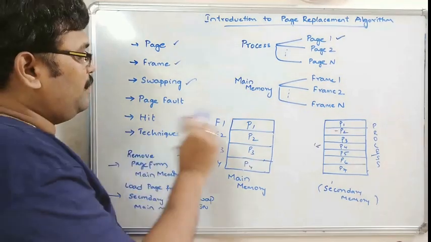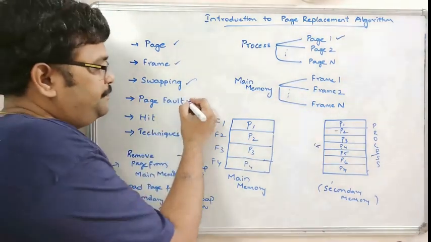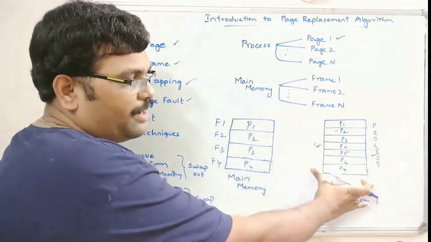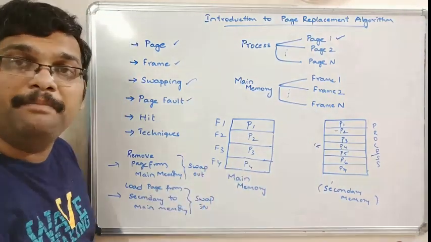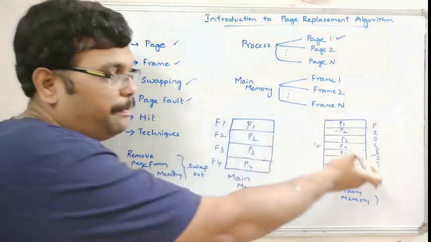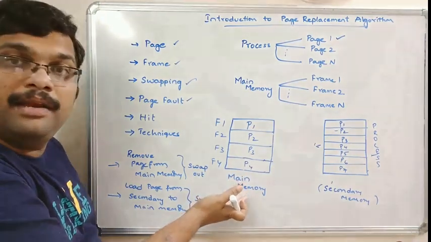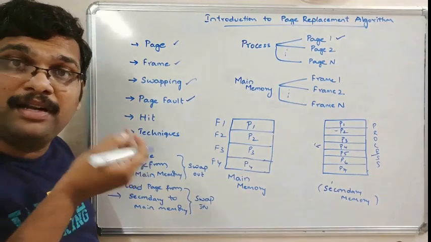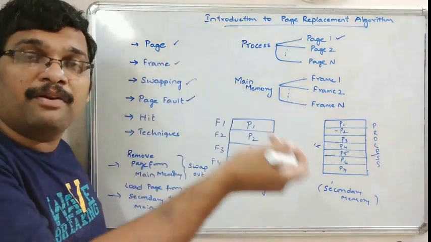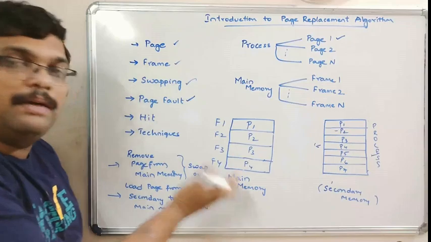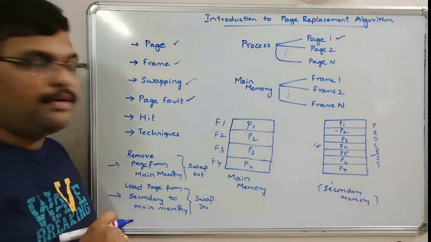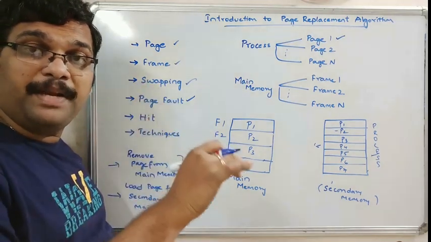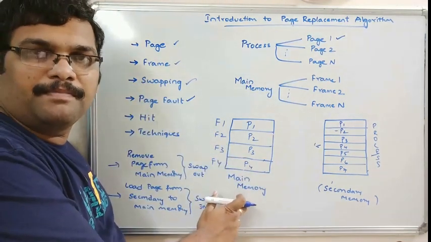Right? Now, page fault. Page fault means loading the required page from the secondary memory to main memory. If the required page is not available in main memory, then that is called a page fault. So we have to load the required page from the secondary memory to main memory. That means the required page is not available in the main memory.